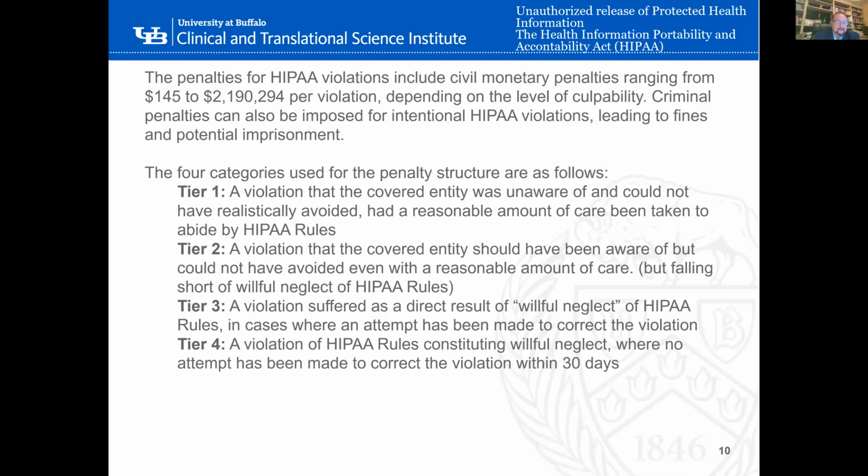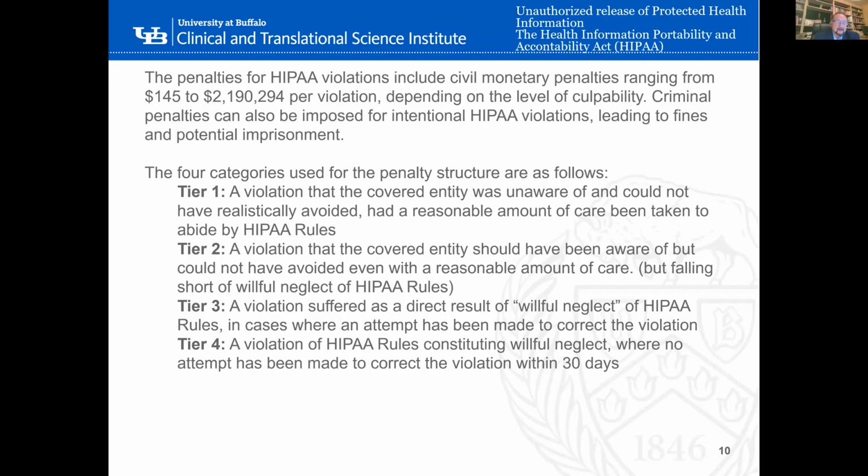And they can also impose criminal penalties where they feel that this was willful neglect, like a tier 3 or tier 4 exposure. The 4 categories are covered entities like a hospital or a physician, somebody who is supposed to keep their data safe.